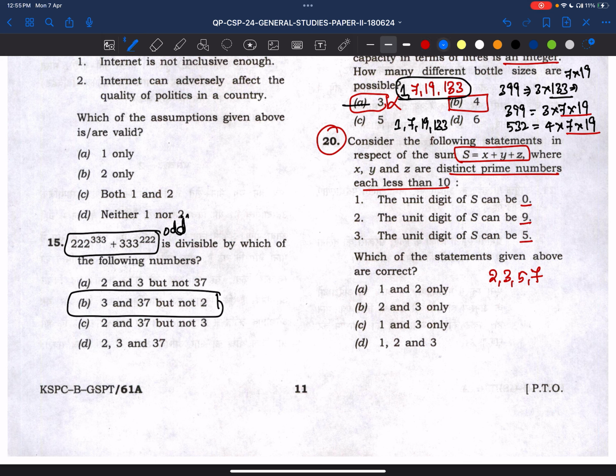Let's check the possible combinations. One is 2, 3, 5, and we can shuffle these values, like 5, 3, 2, but ultimately the sum will be the same. So this is one combination. Next, 2, 5, 7, this is one combination. Next, 3, 5, 7, this is one combination.